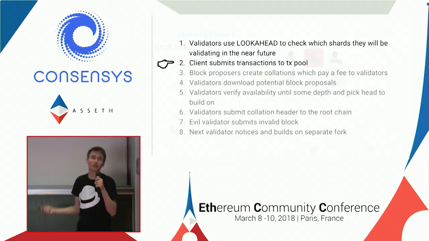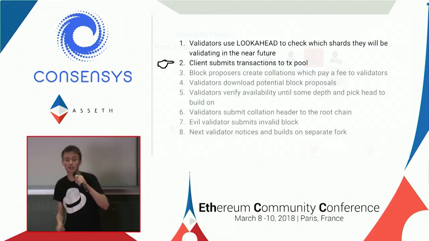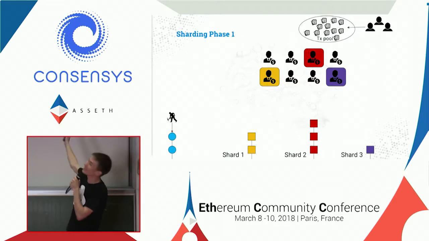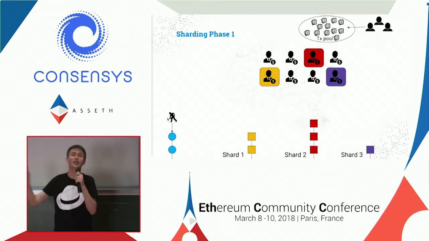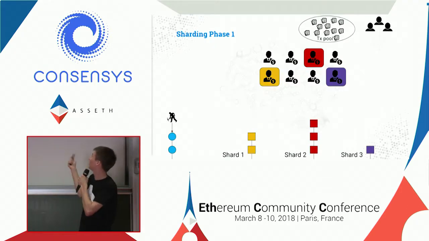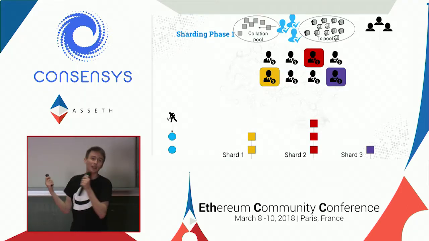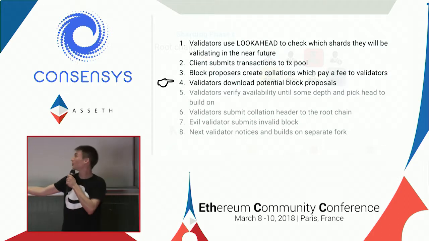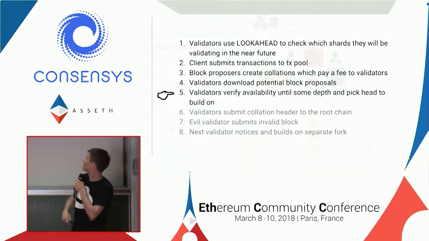Now the client is going to submit some transactions. They just submit a transaction to the transaction pool. It tells what shard you want to talk to. The block proposers are going to come in and pull from the transaction pool and create a collation. Now the validators are going to take these collation proposals and submit some to the main chain.